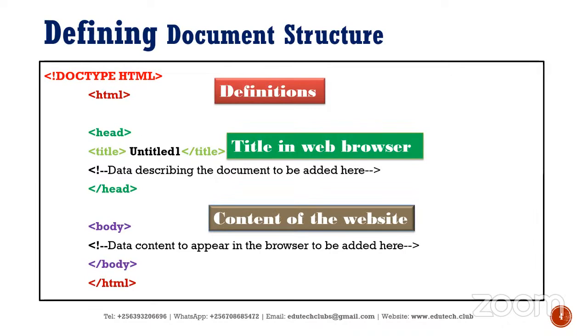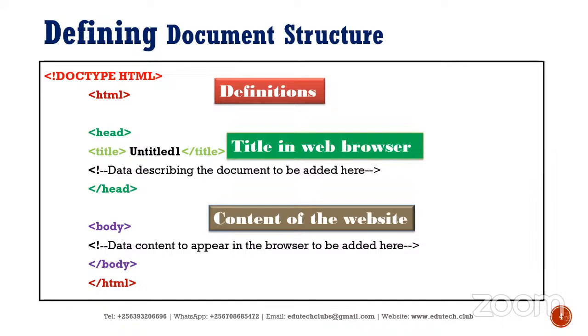Let us try to define the structure. The entire website is going to need only this. The rest, we are just going to build on this. Number one, we open the tag.